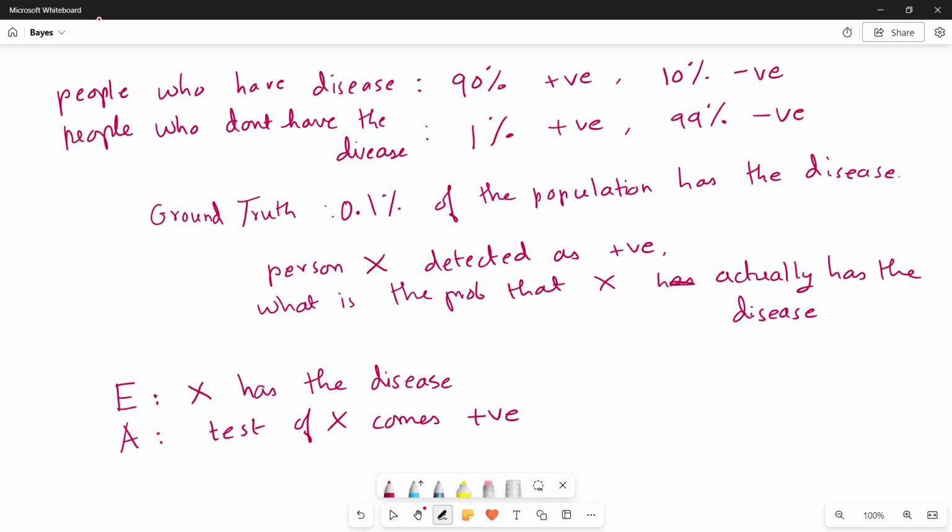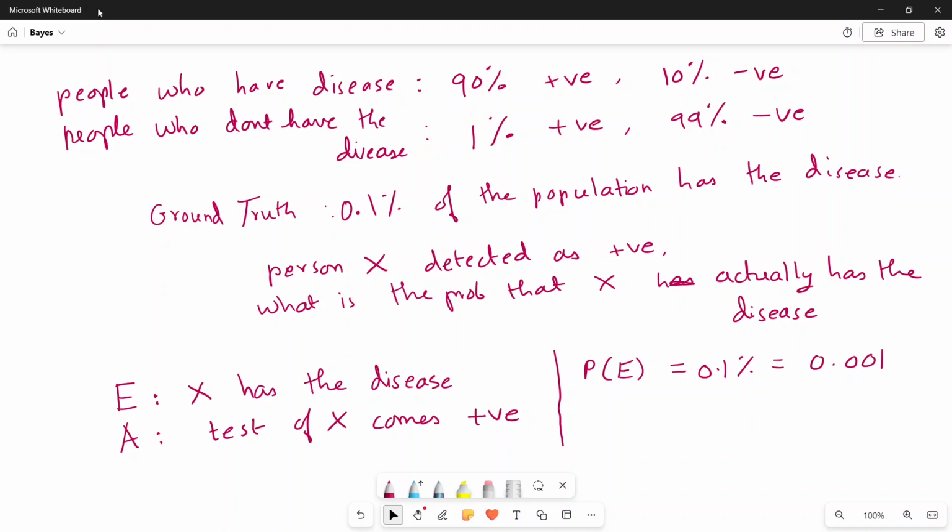Now, from the data given in the question, the probability of E, the probability of the person having the disease, is 0.1%, which is 0.1 divided by 100, which is 0.001.